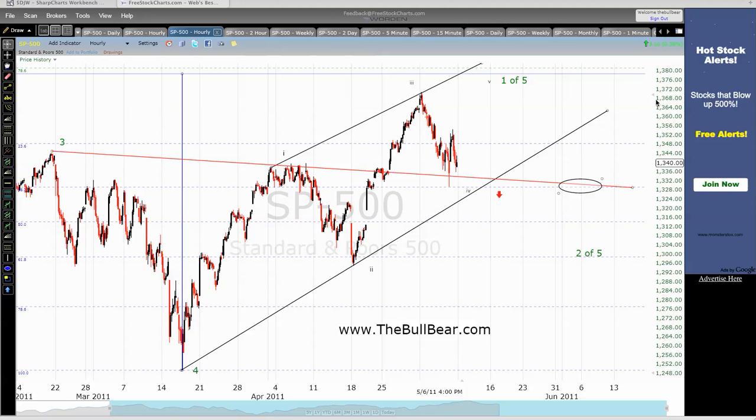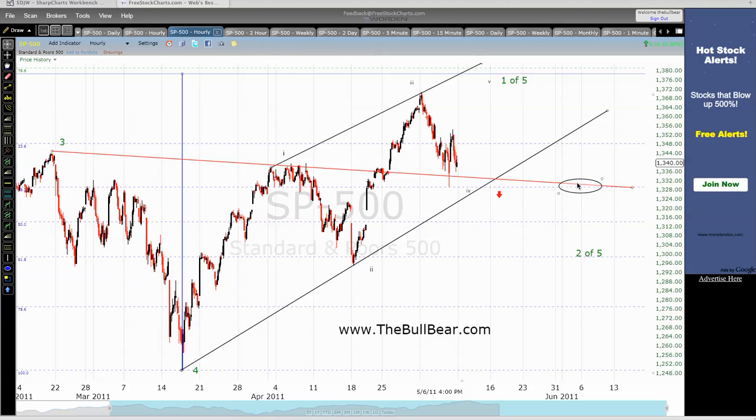So here's another intermediate term bearish scenario where we do complete an ending diagonal pattern, but what the pattern is ending is simply the first wave of the 5th wave of the major 3. So we've got 1, 2, 3, 4, 5, and then a correction of the move off of the March 15th bottom. And that could come back to, say, retest this zone here.